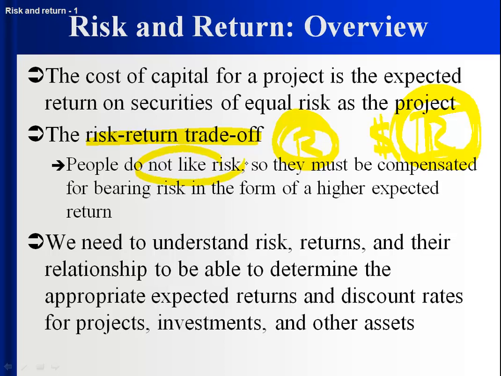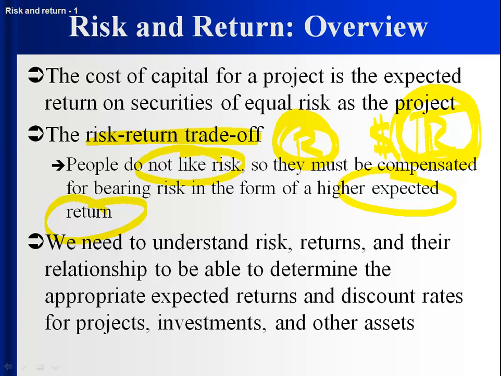We do not like risk. So, in order for investors, for firms, for anyone to be willing to bear risk, they want higher expected return. They want a greater reward, or potential reward, or expected reward.